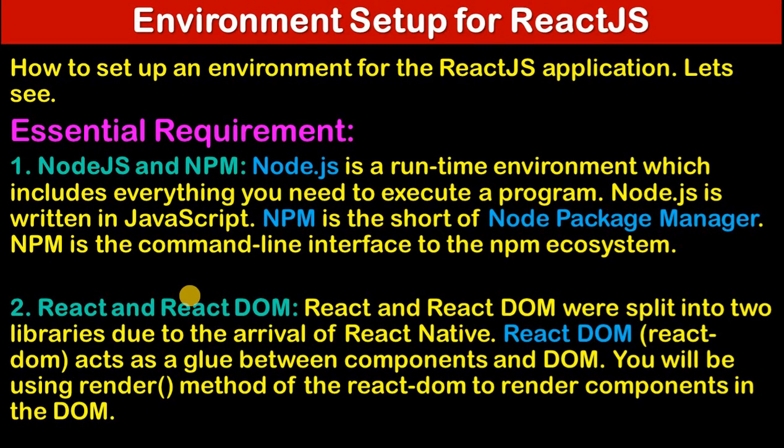So here we are seeing the environment setup for React.js. How to set up an environment for a React.js application? Let's see. These are the essential requirements you should have for React.js. First, Node.js and npm.